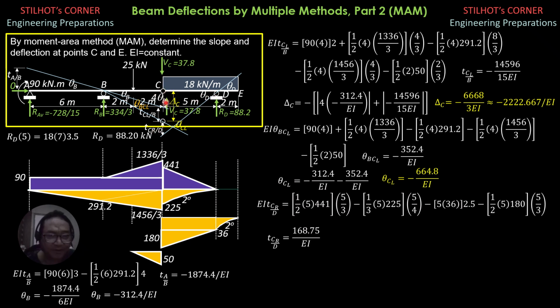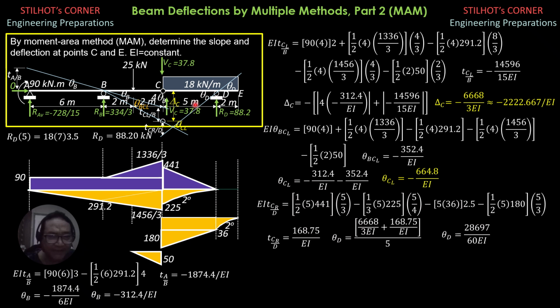So the absolute value of this delta C, and the absolute value of the deviation of C right relative to D, combined, divided by 5. So theta D is the absolute value of 6668 over 3, so positive, plus the absolute value of 168.75, which is still positive, divided by 5. So theta D is equal to 28697 over 60 EI.